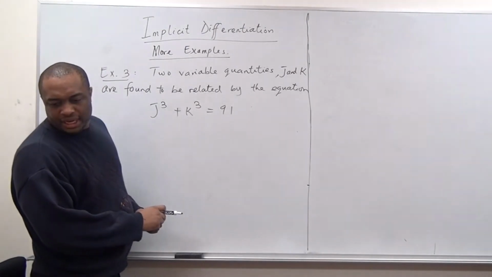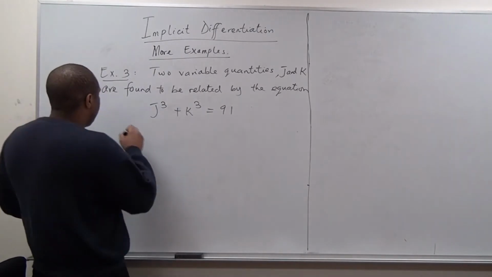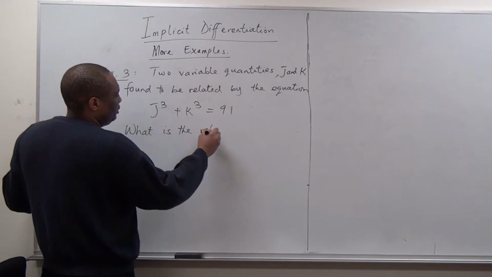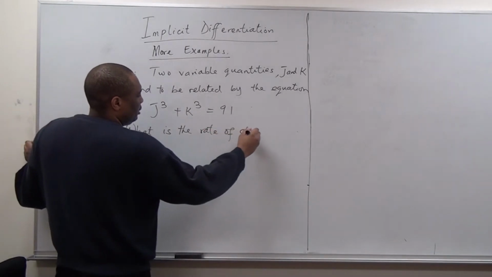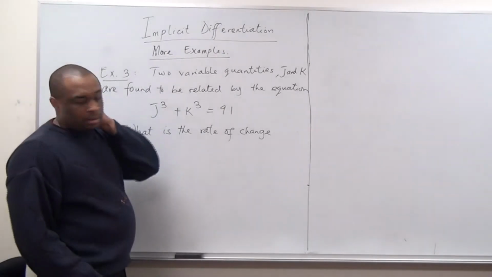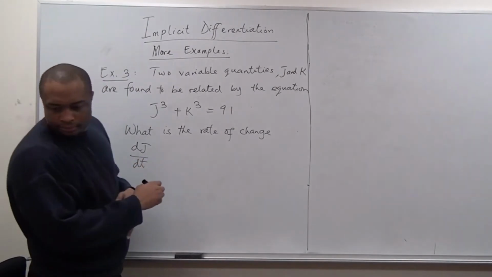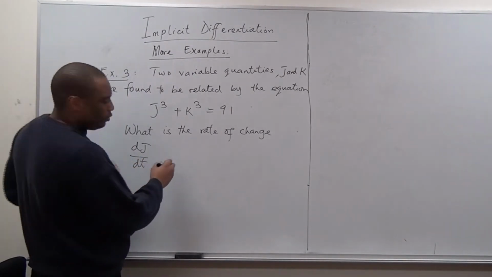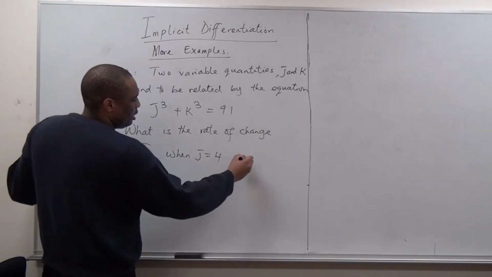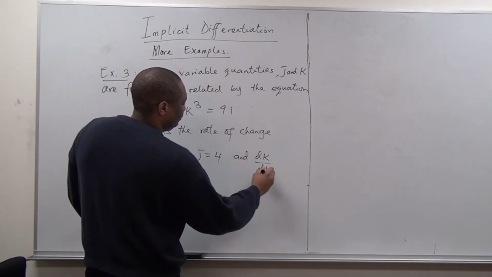What is the rate of change dj dt when j is 4 and dk dt is 1?